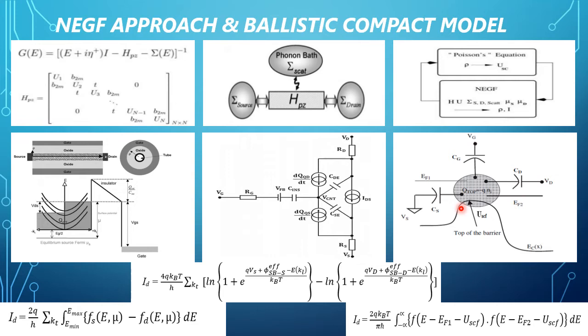As we are considering the Schottky barrier for this one, the complexity of the ID could be much larger, and the resultant current would be much lower compared to the MOSFET-like CNT FET, as we will be observing in the next slides.